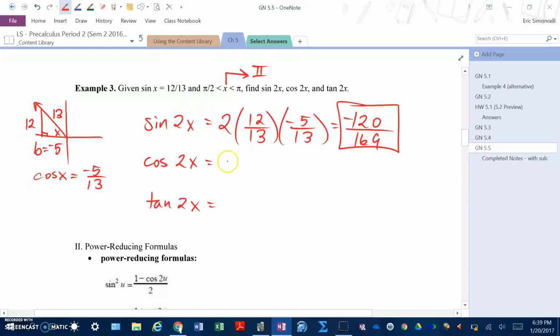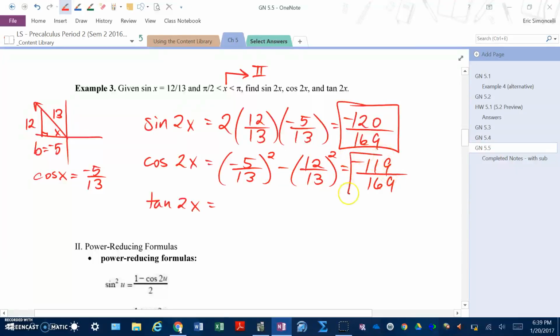Cosine of 2x, we'll use the formula by taking the cosine of the angle x squared. Notice I'm squaring the whole quantity, and then that minus the sine of the angle x, that quantity squared. If we do that math, we'll have 13 squared and 13 squared, which if we subtract has that common denominator of 169, and the numerators 25 minus 144, negative 119.